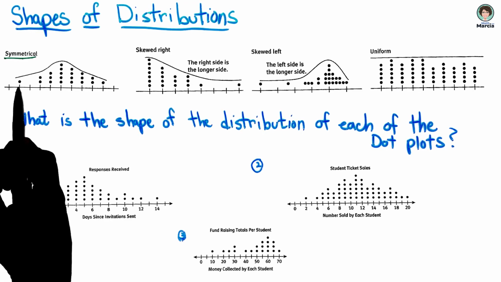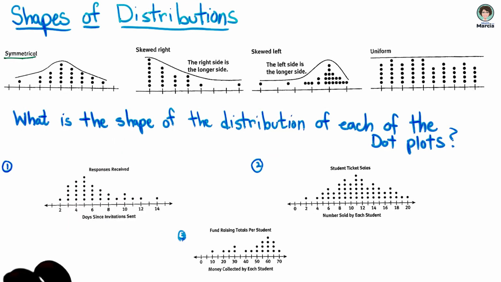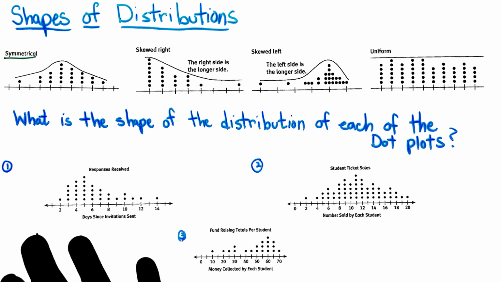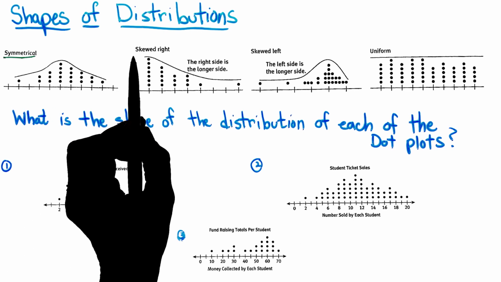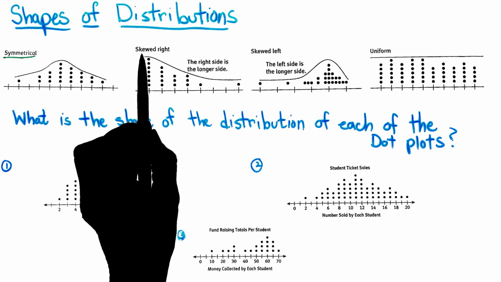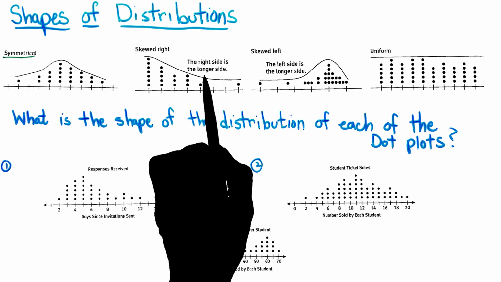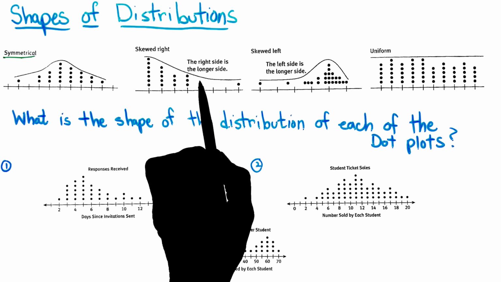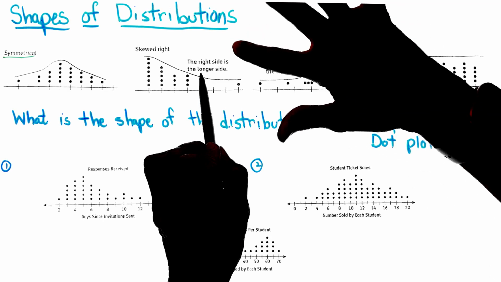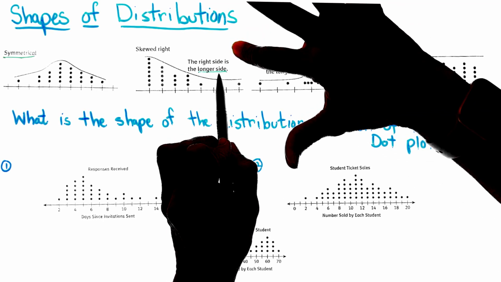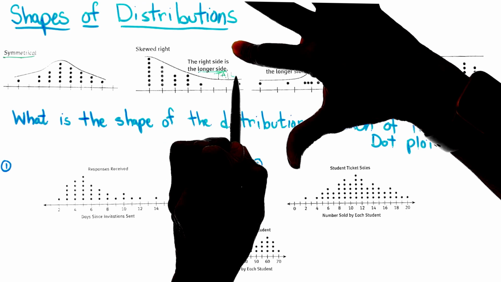Again, you can see it kind of keeps a nice curve, and it's laid out that if you folded it in half, it would be almost identical. So notice we do have a skewed to the right. And when it's skewed to the right, the right side is the longer side. So when I say the longer side, I like to think of, well, where is the tail?